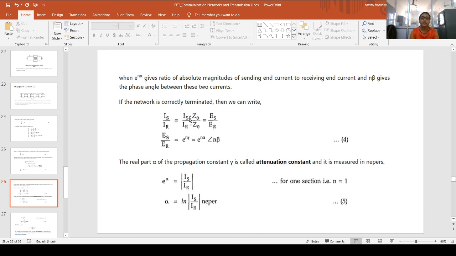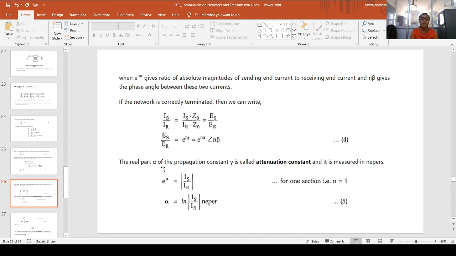So I into Z is equal to the potential. ES is the source potential, ER is the load potential. So ES by ER is equal to e raised to n gamma, which is e raised to n alpha with an angle of n beta.